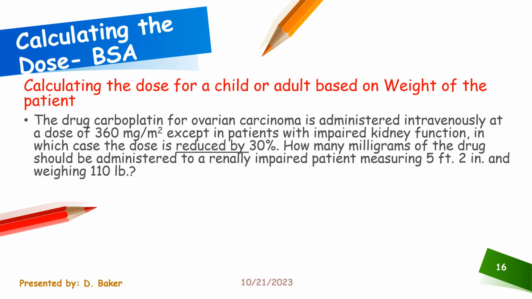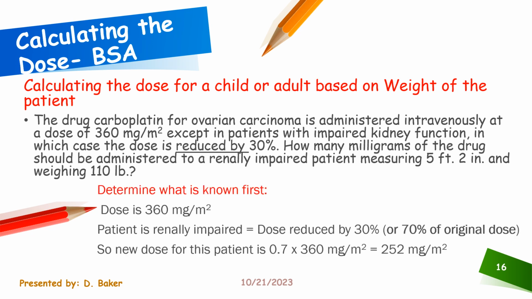In this example, some patient-specific information is introduced. It indicates here that the patient is renally impaired, and during renal impairment, the dose of some drugs needs to be modified based on the patient's specific function, because the kidney is an integral organ in the removal of most of these drugs or their metabolites from the body.